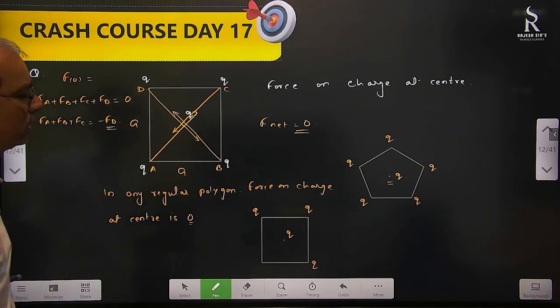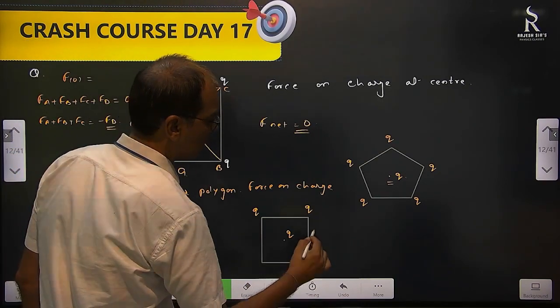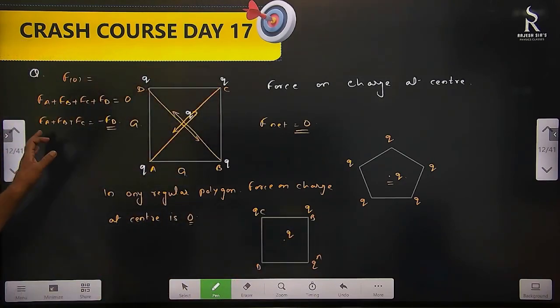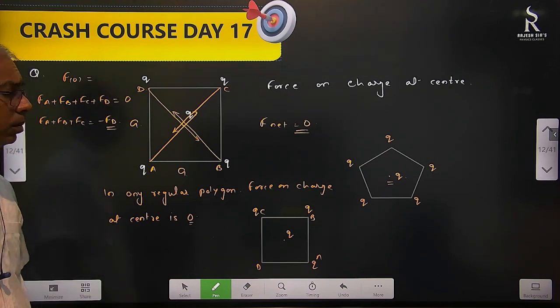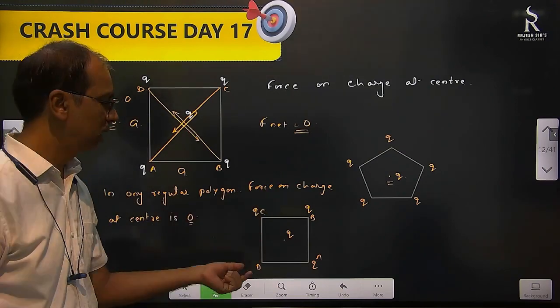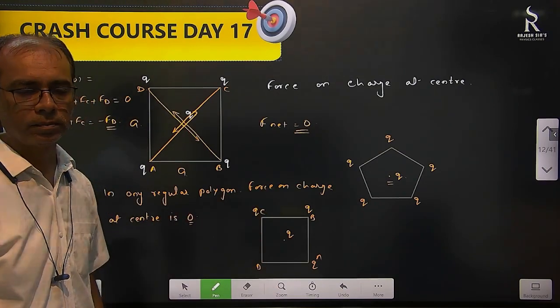If I say this is A, this is B, this is C, and this is D point, then Fa plus Fb plus Fc is equal to minus Fd. That means if in place of these three, I place only one charge at D, it will be equal to that.